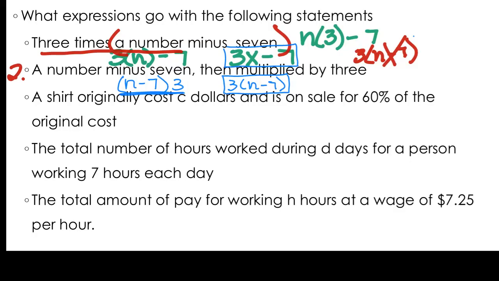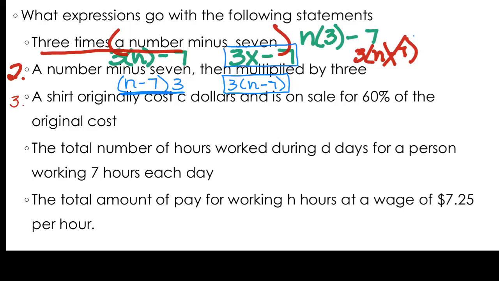All right, number 3. This gets a little bit more challenging, maybe. A shirt originally costs $C, and it's on sale for 60% of the original cost. Let me read that again. A shirt originally costs $C. It's on sale for 60% of the original cost.